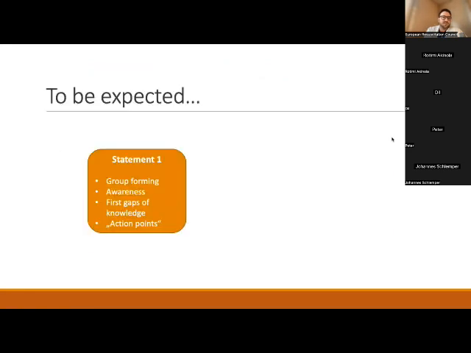What are the plans for the future? This has been a preliminary statement, a first statement, not based on a systematic, evidence approach.